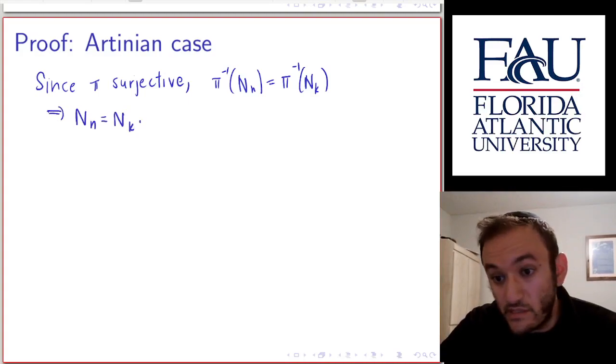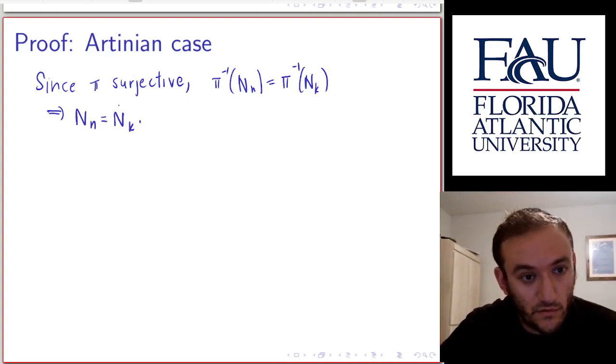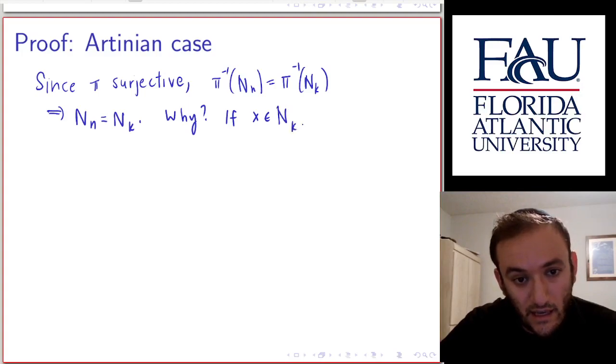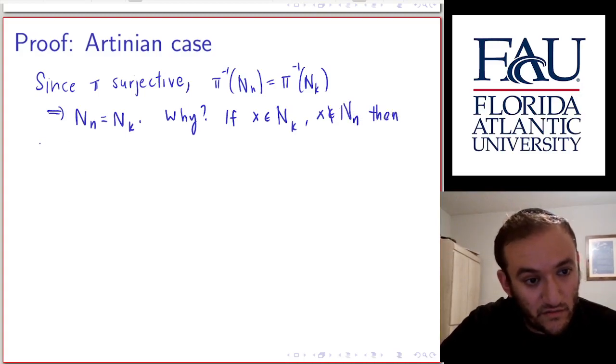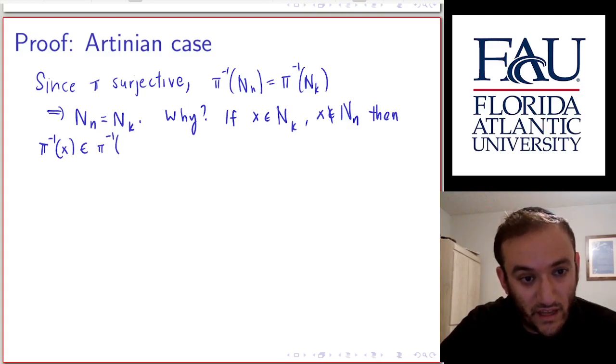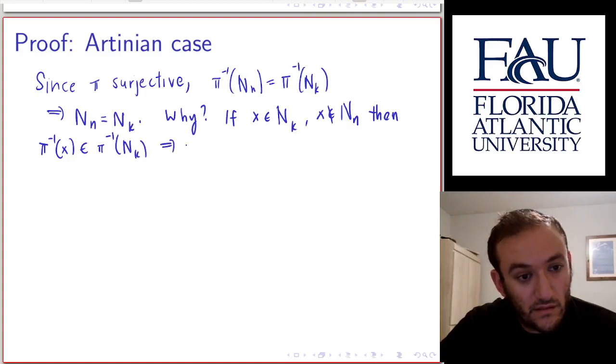Because if you had something that was in one that wasn't in the other, then you would also have the preimage. So if x is in n_k and x is not in n_n, then the preimage of x would have to be in the preimage of n_k, which would mean that it's in the preimage of n_n.